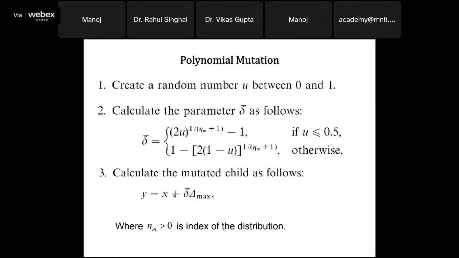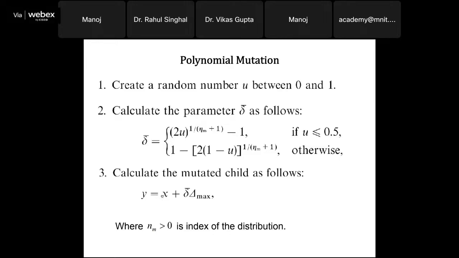And the idea again is that you allow smaller perturbation with higher probability, and larger deviation from the solution with very low probability. That means when I mutate a solution, it is highly probable that I'll get something in the vicinity, in the neighborhood of this solution, and very unlikely, with a very low probability, we'll get something far away from this solution.